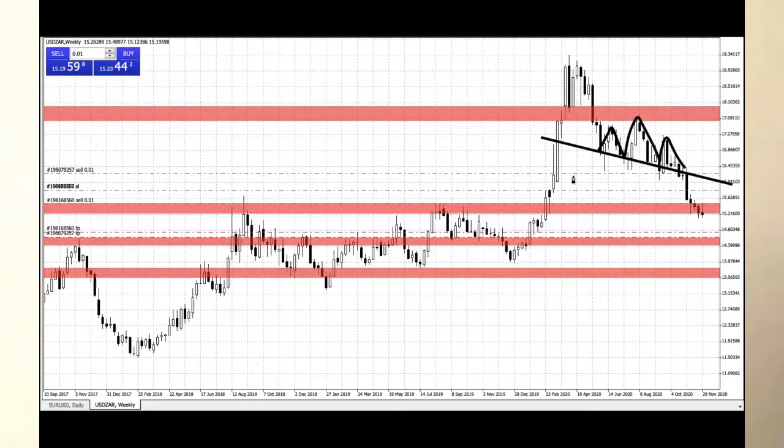So we'll now move on to the Usdzar weekly. As far as the weekly is concerned, what we're expecting is that the price will continue based on this structure below, this structure above of the head and shoulder pattern. The price may just retrace, since it's now trading at lower lows. I'm not going to sell unless the price pulls back so that it forms a lower high.